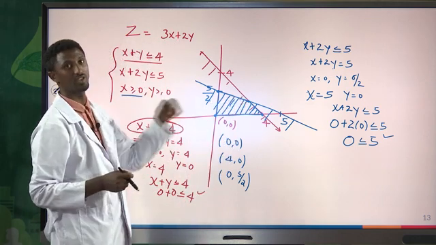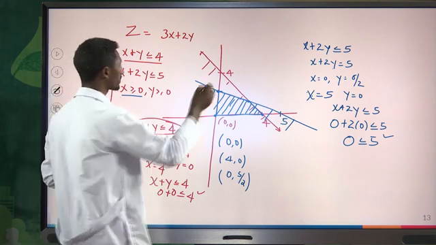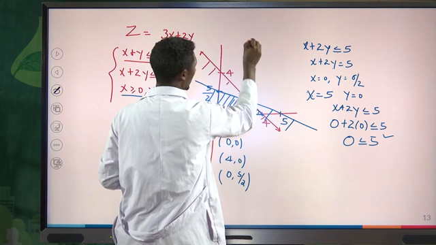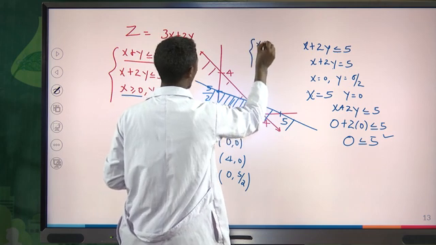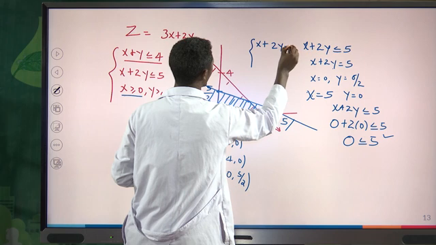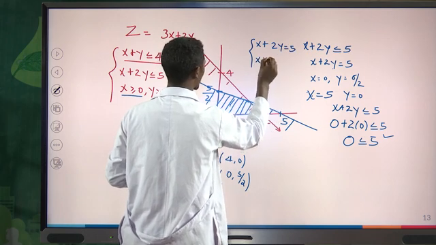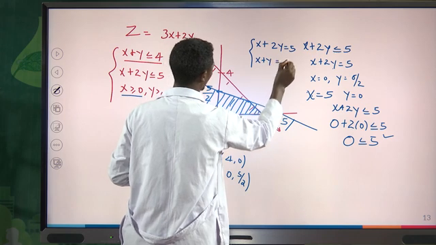This point is the point of intersection of these two linear equations: x + 2y = 5 and x + y = 4.